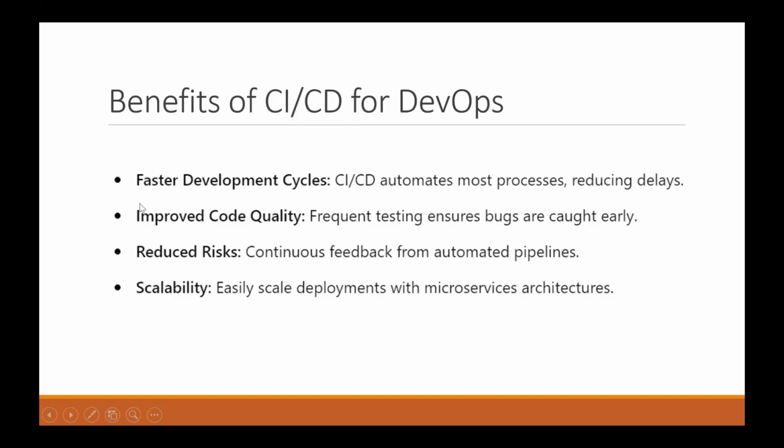Code will be built faster in a couple of minutes. Your coding will be done easily, and deployment will also be done in minutes because everything is automated using the pipelines. So CI/CD automates most processes, reducing delays. Okay. DevOps is nothing but automation. If you are automating everything, that means you are a DevOps engineer.